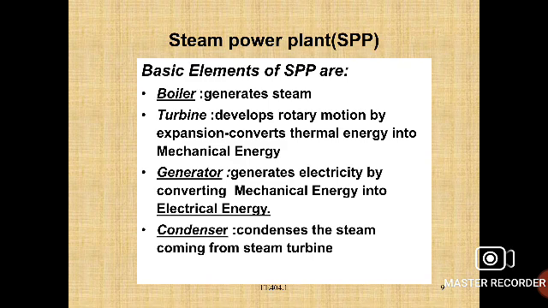So that is the mechanical energy. The electrical energy is converted to rotate the motor, with the transmission through a belt drive or chain drive, whatever it may be. The motor converts electrical energy into mechanical energy, and the generator converts mechanical energy into electrical energy.